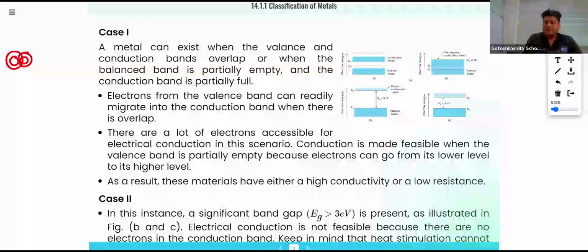See, in the first case we don't have to heat anything. But in the third case, if we are heating a semiconductor, what will happen? The electron will get energy, and that electron will transfer to the conduction band. See, why is there a gap?